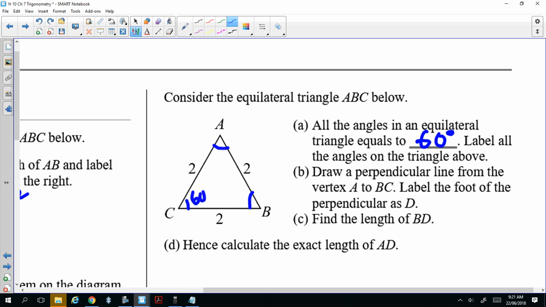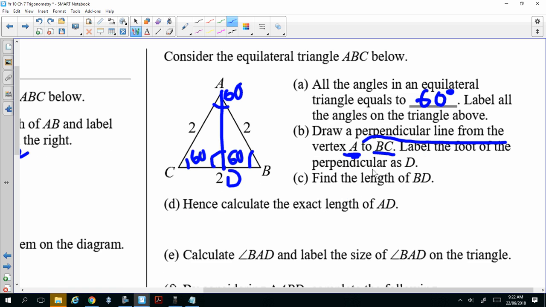Once you do that, draw a perpendicular line from the apex A to BC. The foot of the perpendicular, we're going to call D. So draw a perpendicular line from the apex to the base of the equilateral triangle, and the point where you touch the base is the point D. Then we have to find the length of BD.